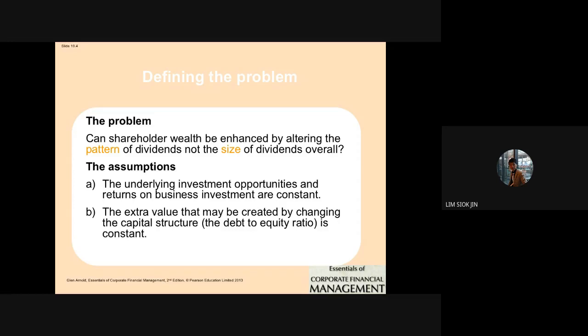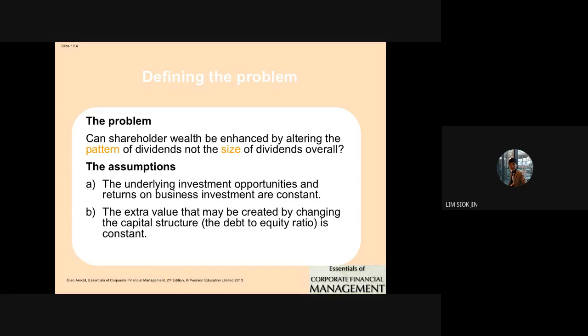What it means is, let's say this company makes $1 million profit after tax and everything. So this $1 million is extra. This $1 million can be reinvested in the company. But if the company does not need this money, it can be given back to the owners, the 1 million. This 1 million can be given entirely, or it can be given in stages.